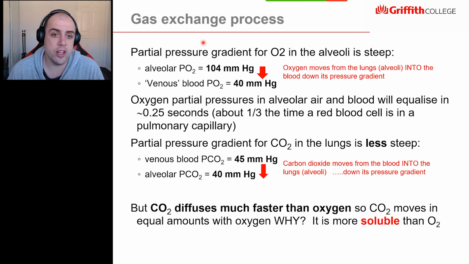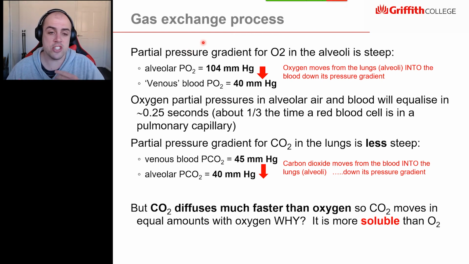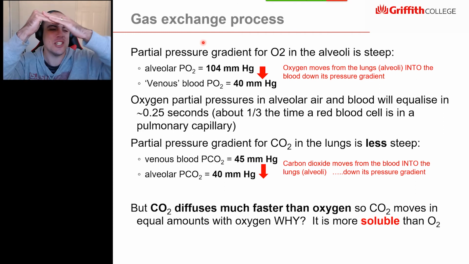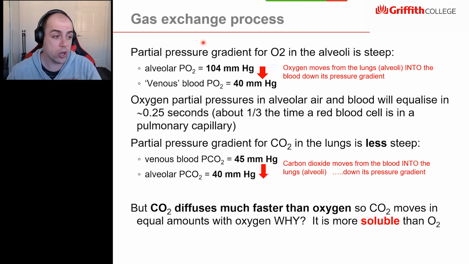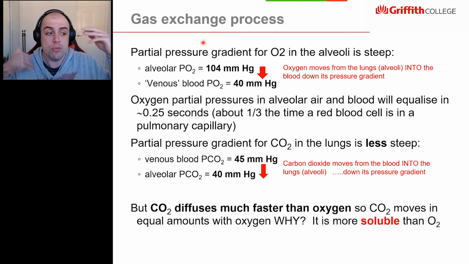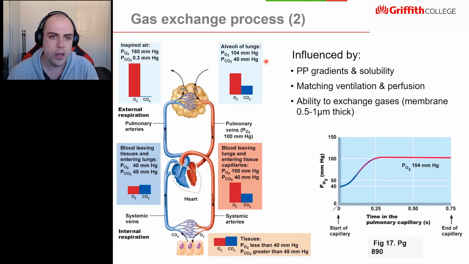I just want you to learn that it's high partial pressure to low partial pressure, and know that the difference between, say, the alveolar and venous partial pressure of oxygen is much greater than the partial pressure gradient of carbon dioxide. It's much harder to move oxygen than it is to move carbon dioxide. That's all I would expect you to know.